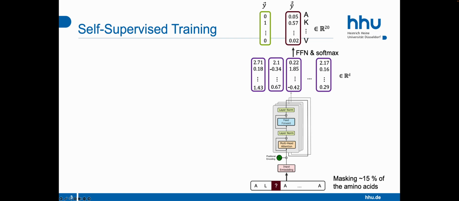We then compare the vector y of the true amino acid, which is the vector we want to predict, with the vector y hat containing the predictions of our encoder. We now calculate the value of a loss function, which tells us how far away we are from the desired prediction. Typically, we compute the categorical cross-entropy loss, defined as shown here.